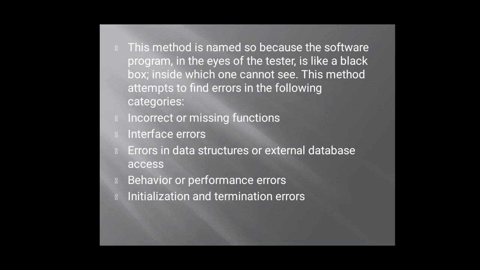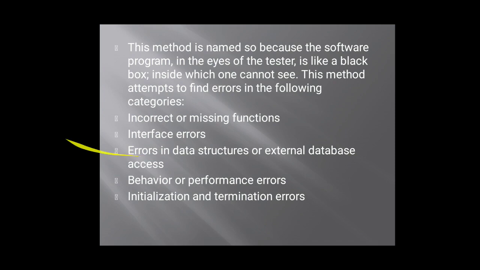Initialization and termination errors: initializing is when we write i = 5 or i <= 5. This is called initialization. Termination is when we put in a certain value and remove that value once our task is done.